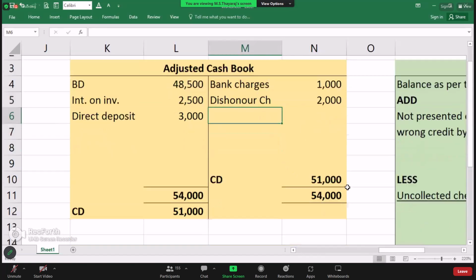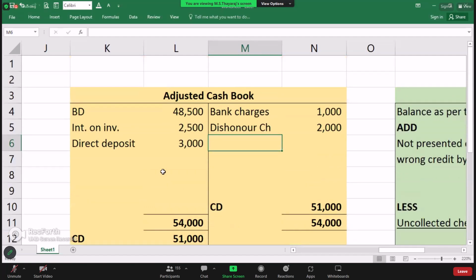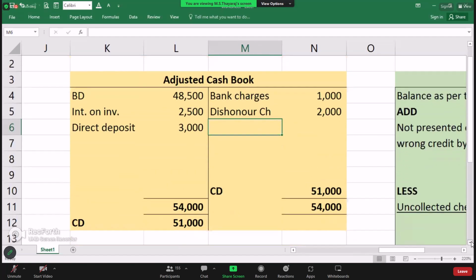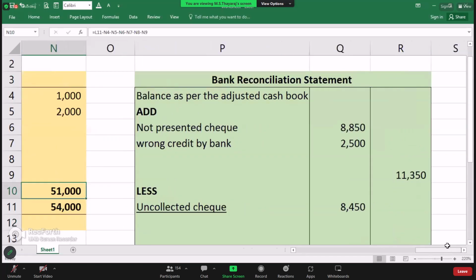Now all the entries are done. The adjusted cash book balance is 51,000. Therefore, this 51,000 is transferred to the bank reconciliation statement. So you have to balance this and find out the balance of the bank reconciliation statement.